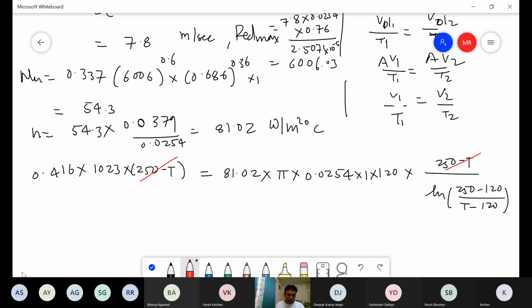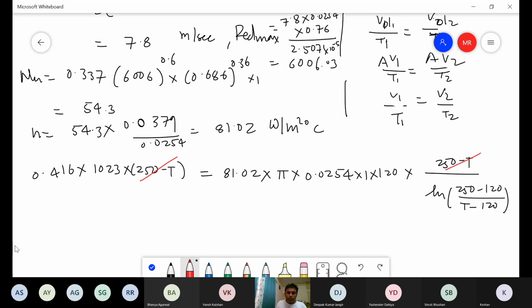So 0.416 into 1023 multiplied by 81.02 multiplied by 3.14 multiplied by 0.0254 into 120.